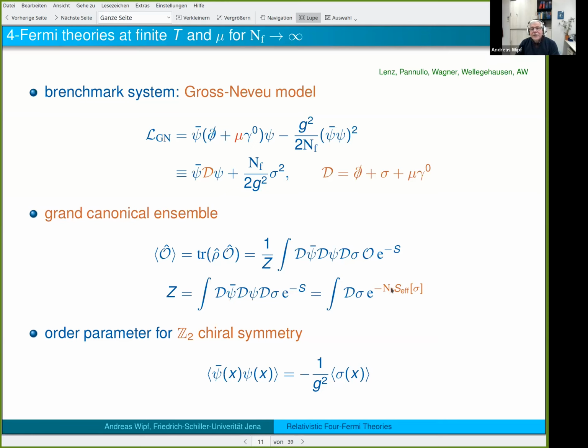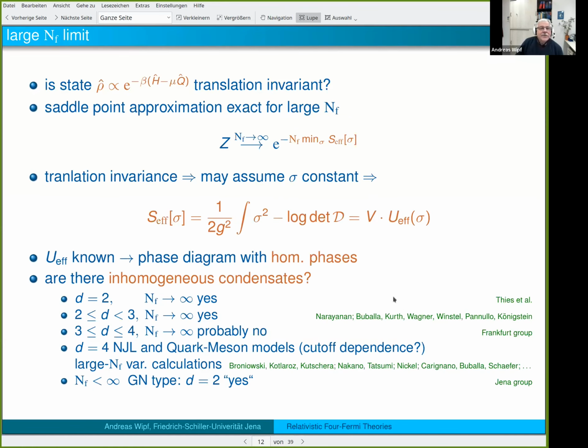So you just have to look for the minimum of the effective action, and this then solves the path integral in this limit. That's the large NF limit. So in the large NF limit, the partition function and also the expectation values are just given by a minimizing principle. You just take the effective action, which is written here again, the sigma squared, which you had before.